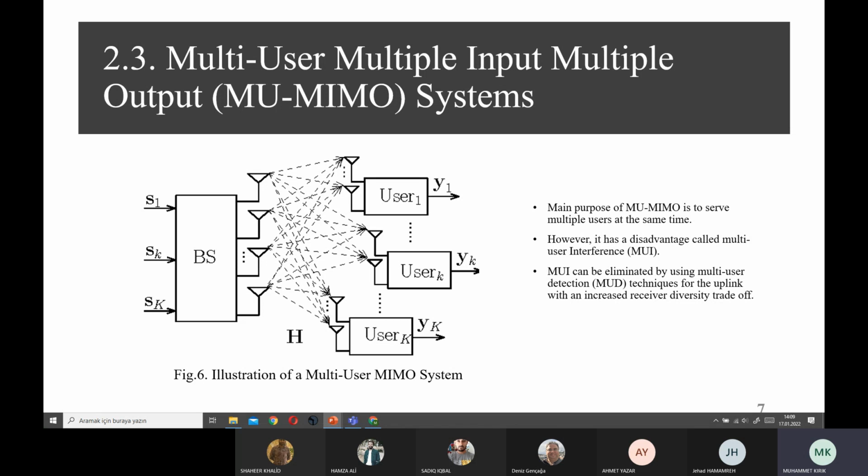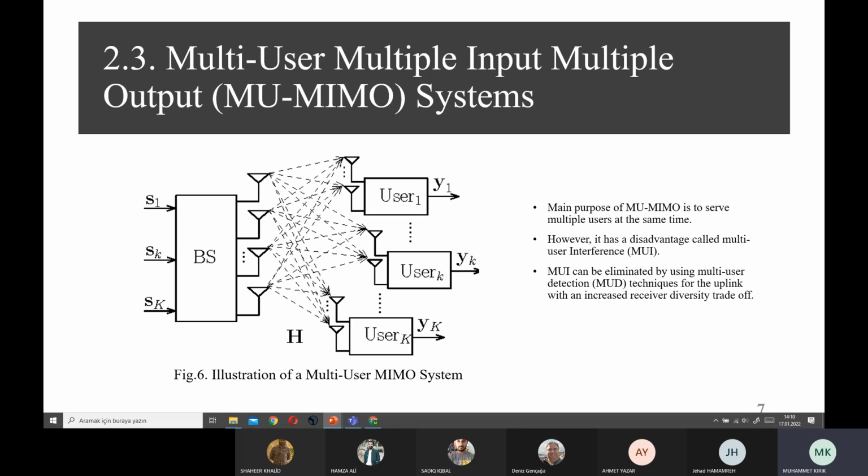The MUI is basically mixing one user's signal with another user's signal. When we do that, the signals of two users mix together, and they cannot come up with their intended received data.